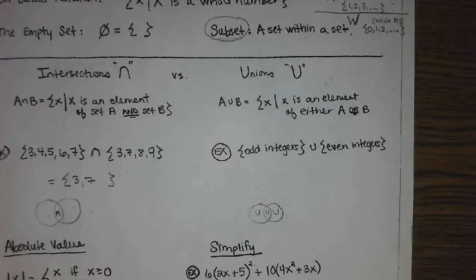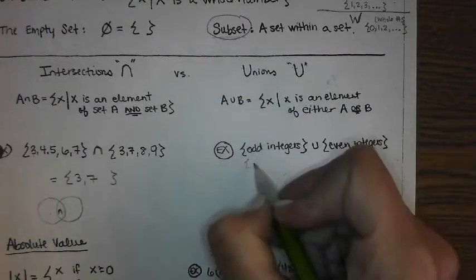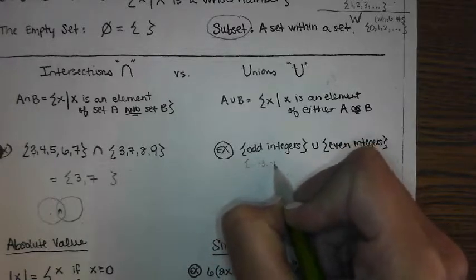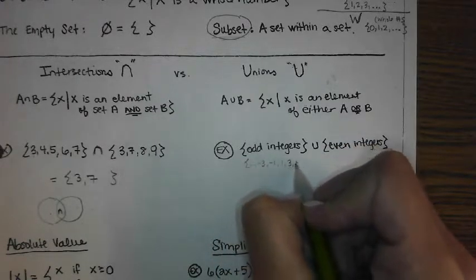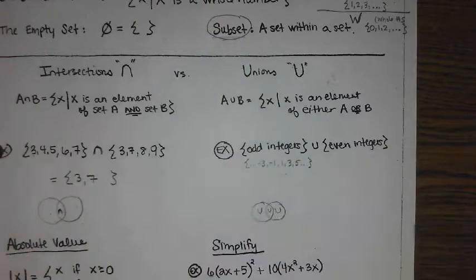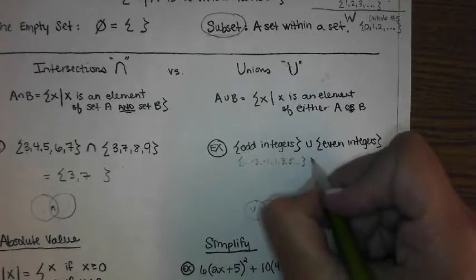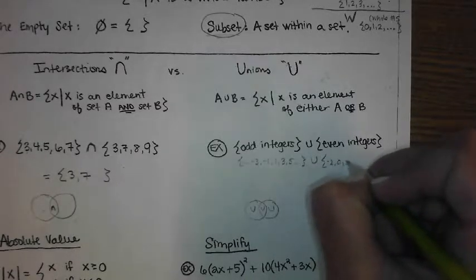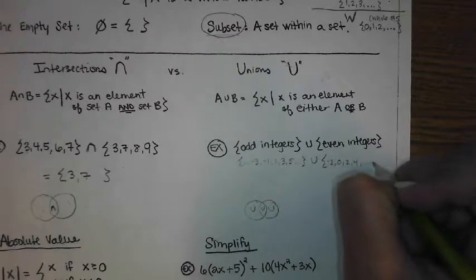So now, without seeing the numbers, if I take the odd integers, and if it helps you, you can write a list out. That would be -3, -1, 1, 3, 5, and so on. And we want the union with the even integers, which would be like -2, 0, 2, 4, and so on.